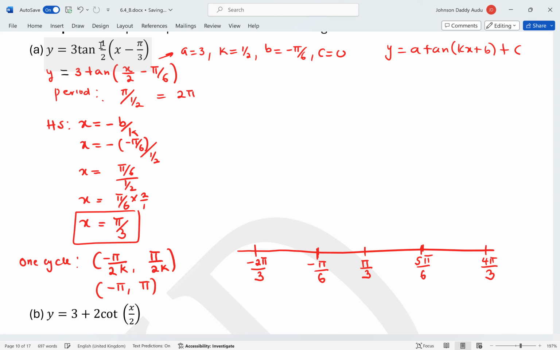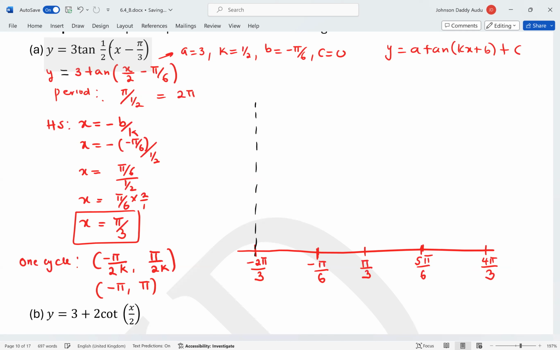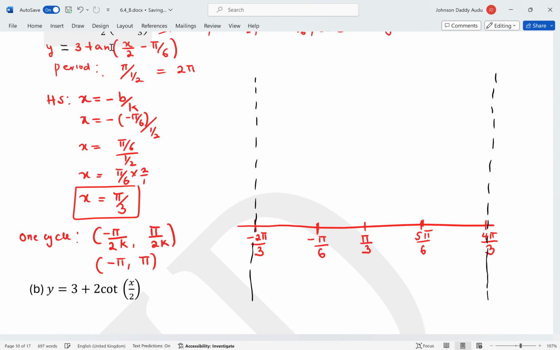Now, this means that you are going to have the vertical asymptotes. Our vertical asymptotes will be at those endpoints. Right. So where is the middle? This is the midpoint, which is this.